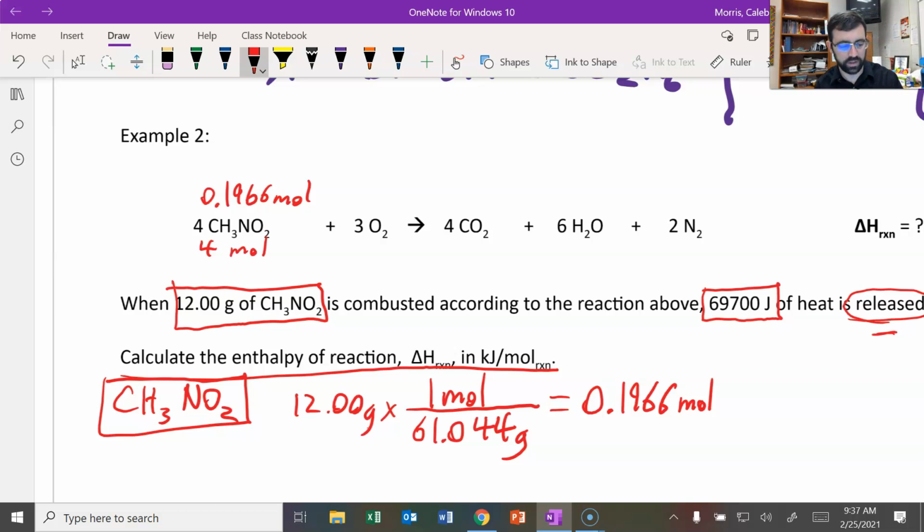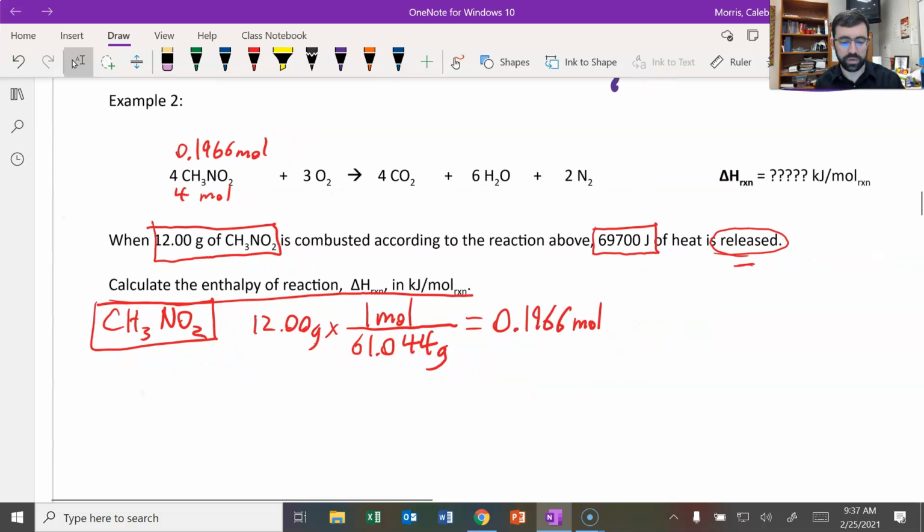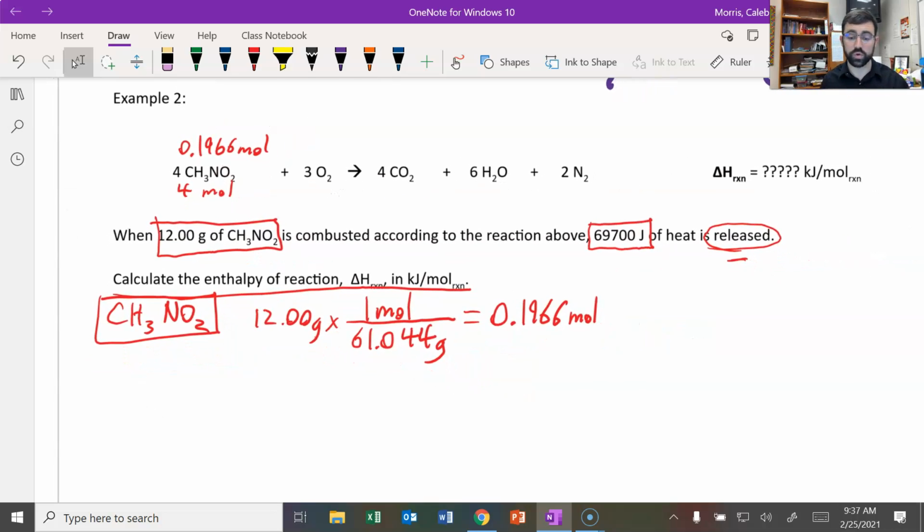All right, the other information that we've been given is the number of joules of heat that's released. I notice right now that this says kilojoules per mole, so it would be a good idea for me to go ahead right now and turn that heat into kilojoules. So the heat that we're dealing with is negative, remember it's released, so that's negative 69,700 joules of heat.